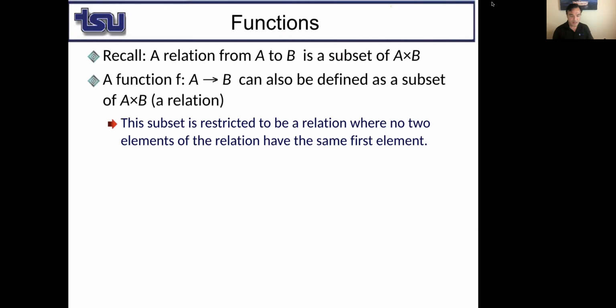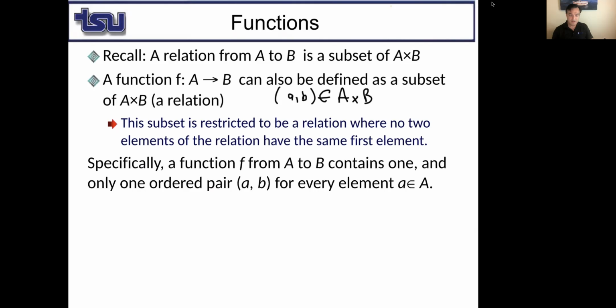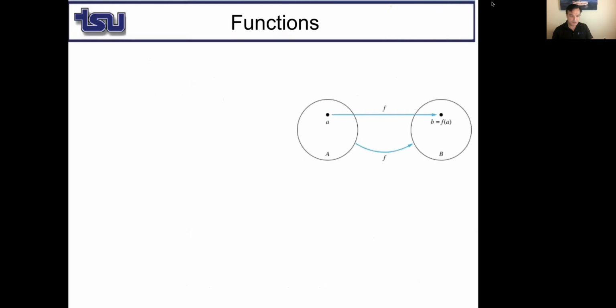For example, if (a, b) is an element of A cross B, no two pairs have the same first element. If a is assigned to b, a cannot be assigned to c. a needs to be assigned to only one element of B. Okay, so I'm just going to skip that. That's a simple notation.